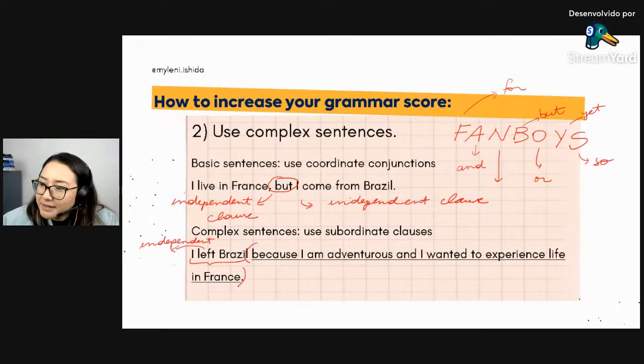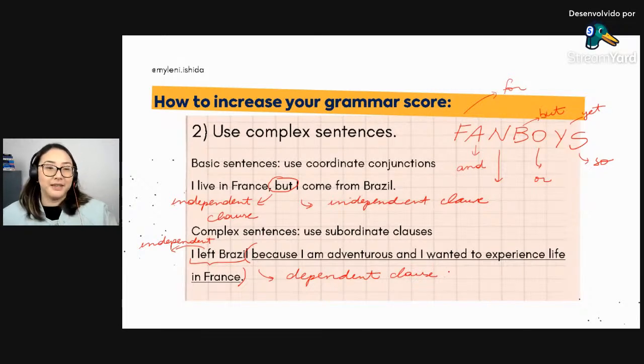Everything here is not independent, this is a dependent clause. Why? Imagine I am here, you are there, and I come to you and I say, for example, to Patty, because I am adventurous and I wanted to experience life in France. Patty will say, huh? Because what?